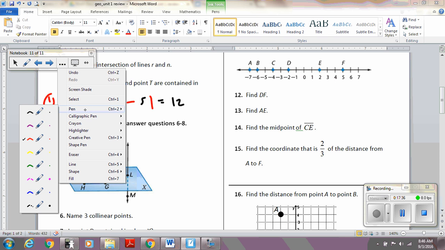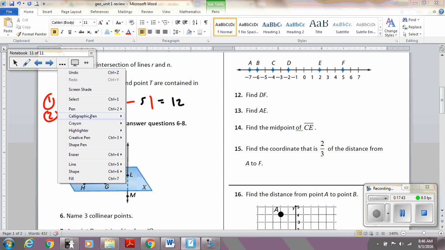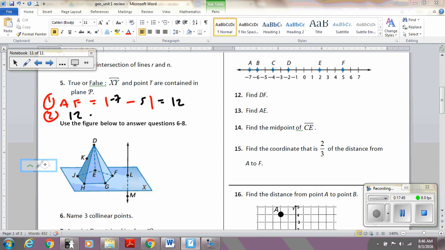The second step is to take the total distance, which is 12, and you're going to multiply the fraction that they gave you in the problem. So 12 times the fraction 2/3. And for those who forgot how to multiply fractions, this would be a good time to pick up your calculator.